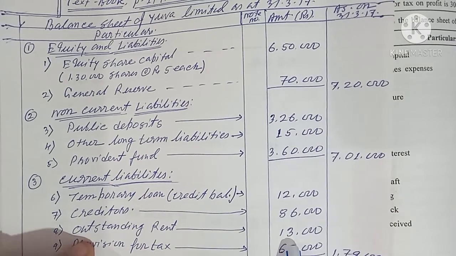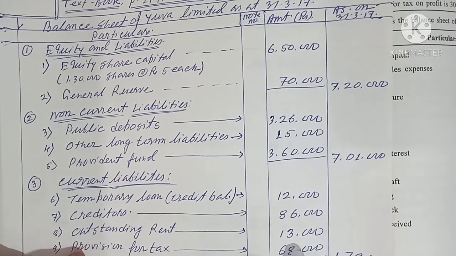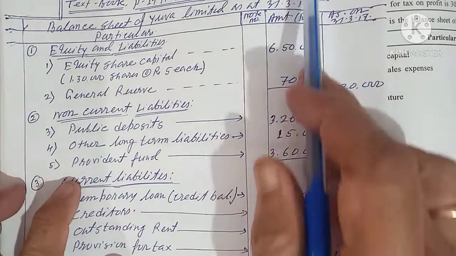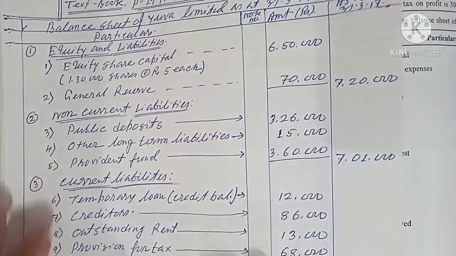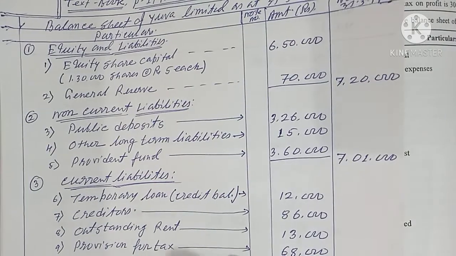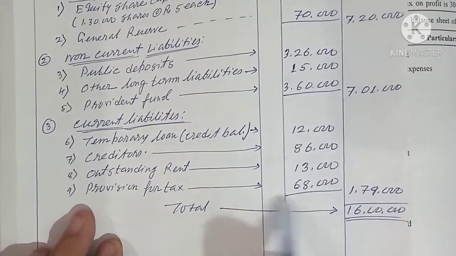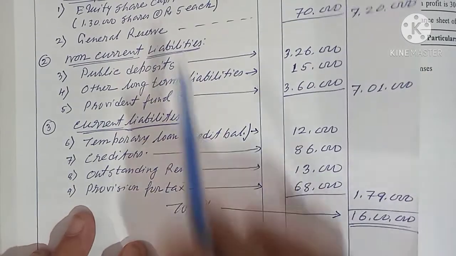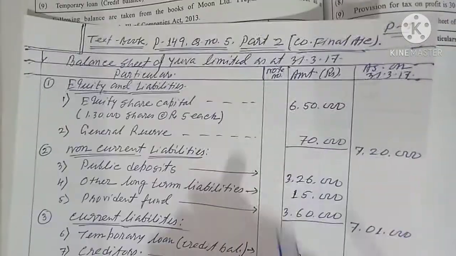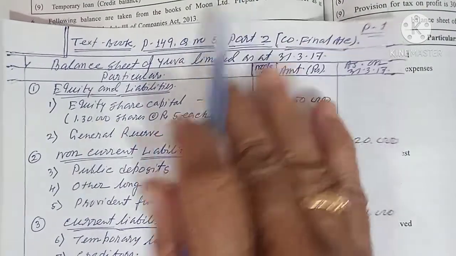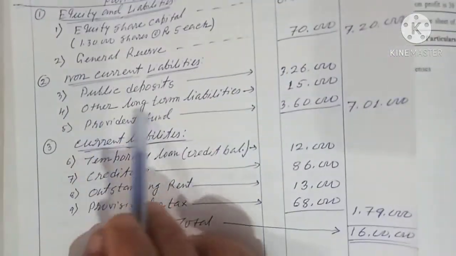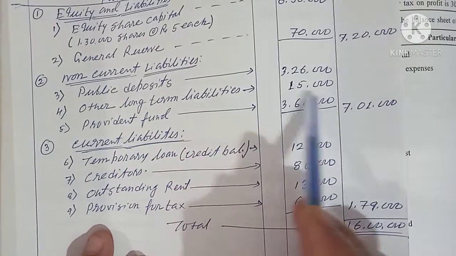Next is coming, what is this? Provision for taxation, 68,000. Just now I told you, provision for taxation 68,000 is here, because it is the last item on the liability side. Other long term liabilities 15,000.